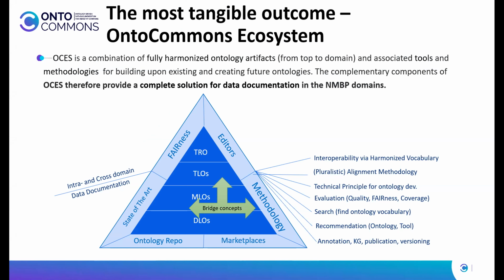And what is OCES? OCES is a stack of ontologies from the top level ontologies to the domain level and even some application level. But it also contains the methodology for ontology engineering, ontology alignment, harmonization, and a lot of tools supporting those activities. So the bridge concept is our method to glue these different stacks of ontologies, and that is its main purpose.